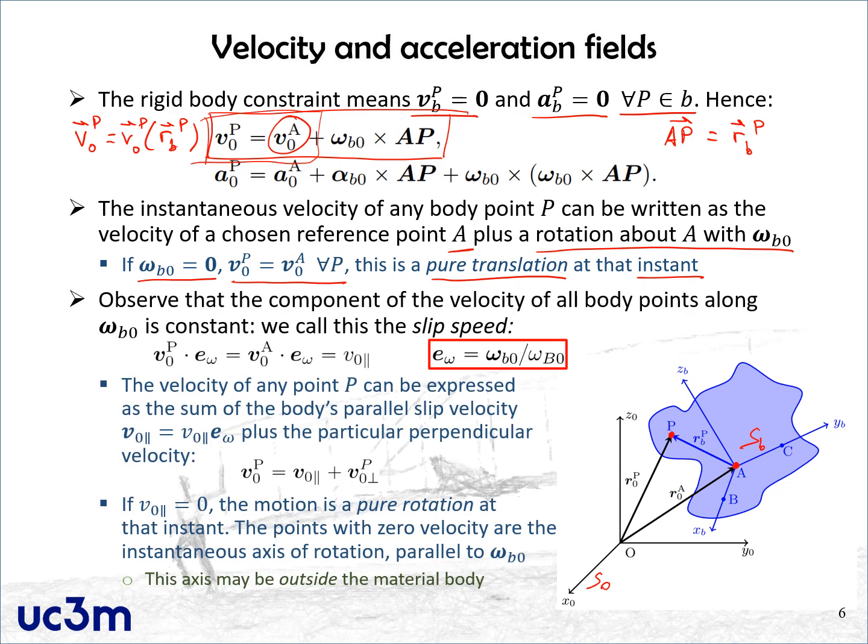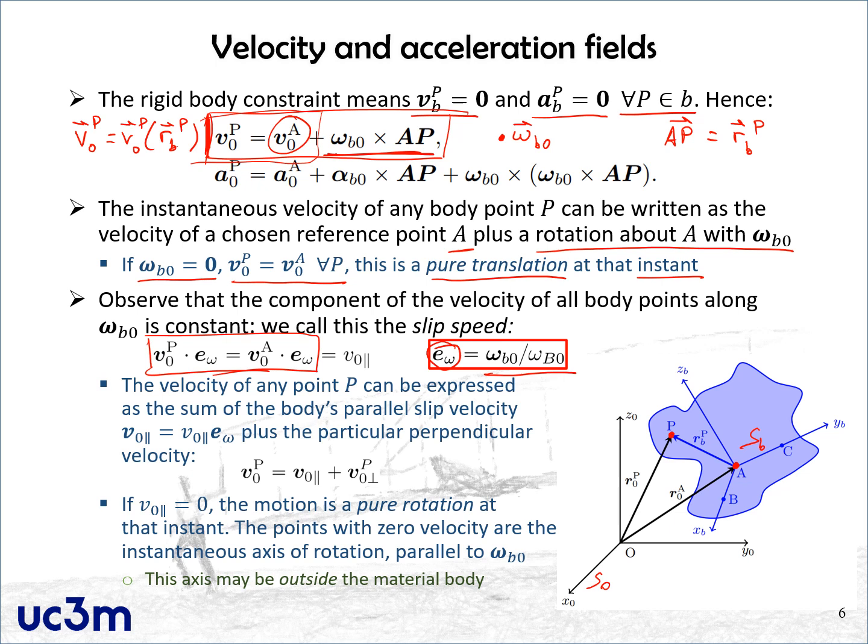Now, observe also that if you project the equation of the velocity field in the direction of omega, if you dot multiply by omega S0, then the last term, which is perpendicular to omega because it is a cross product with omega, does not contribute. So what we have is this equation. Here I have defined the unit vector e omega, which is a unit vector in the direction of omega.